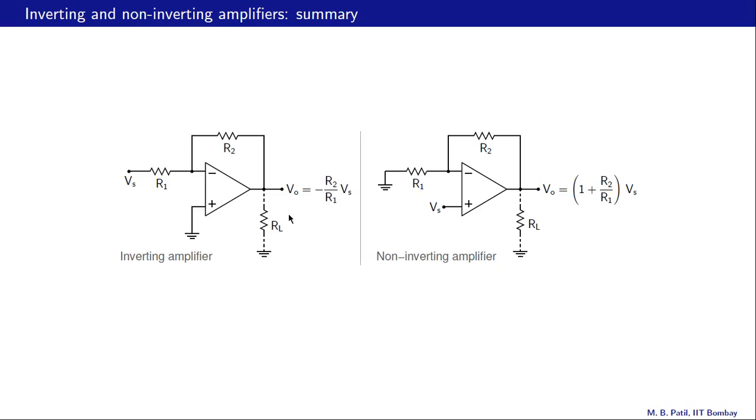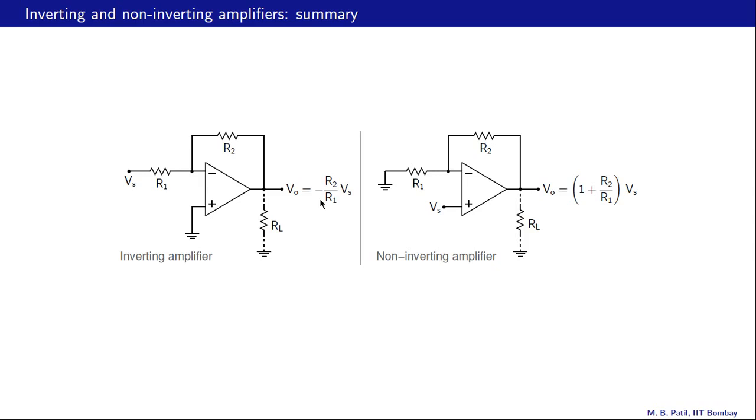And in both cases, the feedback resistor goes from the output to the inverting input of the op amp, there as well. And there are also some differences, of course.